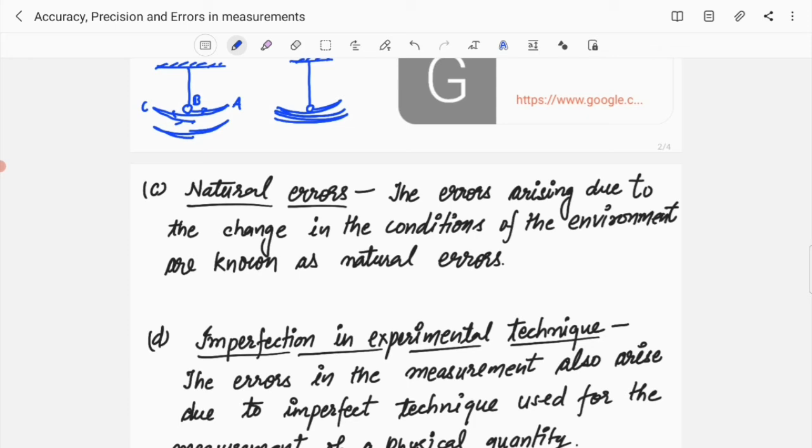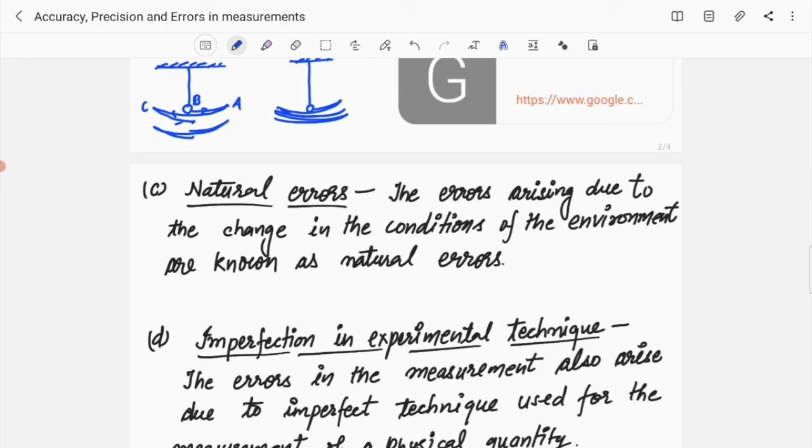So in both places we are performing the same experiment with the same wire and the same instruments, everything the same, but still we are getting different results because of the temperature difference. So these types of errors are natural errors, because whatever the exact value of the resistance is, in plain areas it may be higher than that, and in my place it may be lower than that.